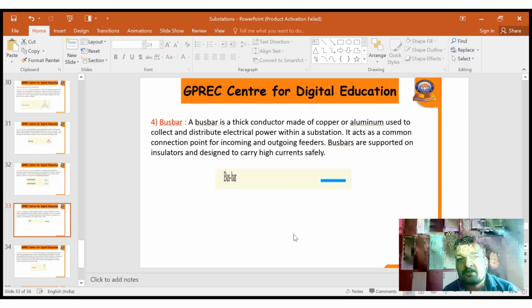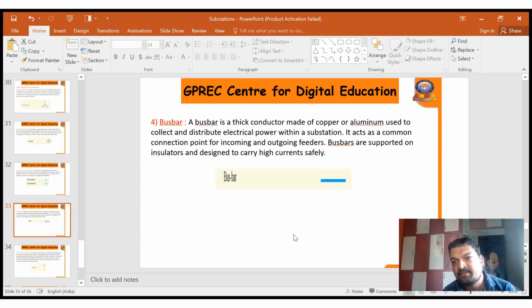Bus bars are supported on insulators and designed to carry high current safely. The main function of the bus bar is to act as a common voltage point. All the incoming and outgoing lines are connected to the bus bar, which carries the same voltage level. It is a conductor, generally made of copper or aluminum.